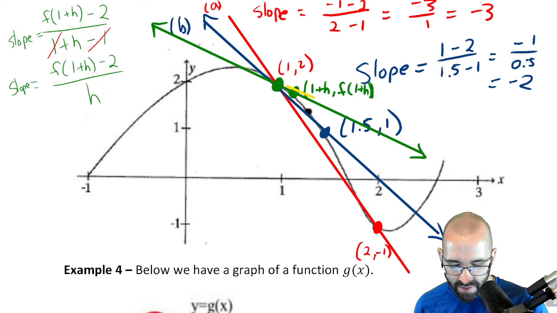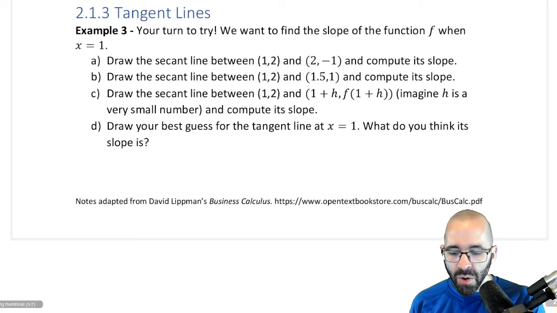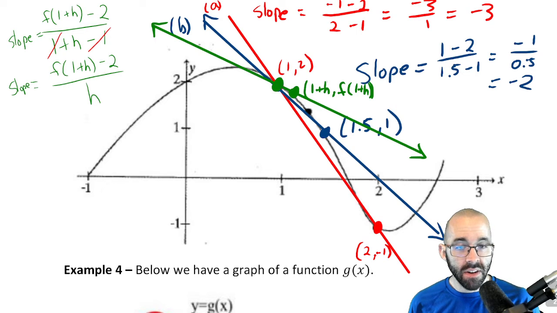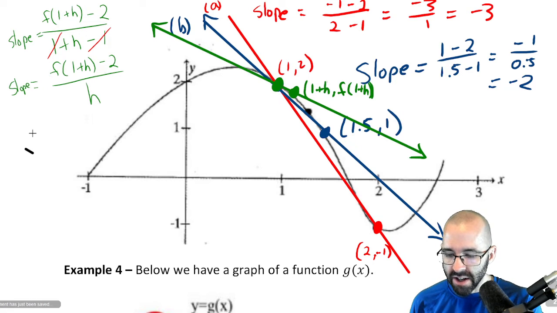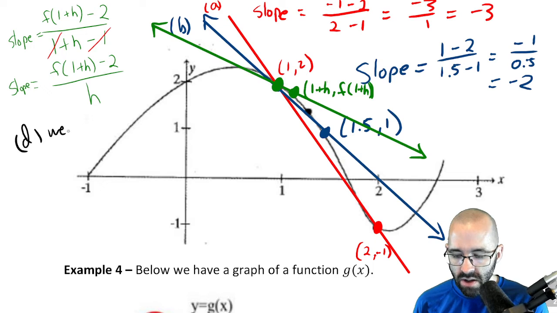I'm bouncing off the function here. There's not really room. You don't have to draw letter D. What do you think the slope is? I don't know. Something kind of small. Something negative, for sure. So we'll just kind of answer that for letter D. We don't know yet.